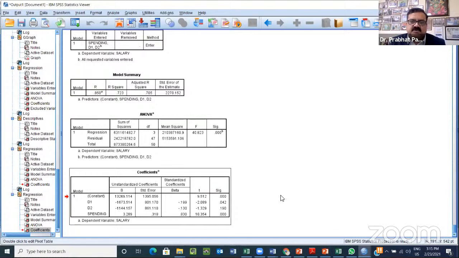West, please, once again. Given the public spending being done by the government on these schools, we find that the difference in average salary between West and North is significant, while the difference in salary between West and South is insignificant.